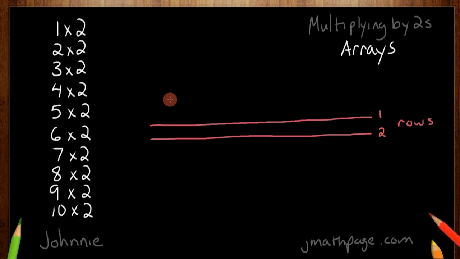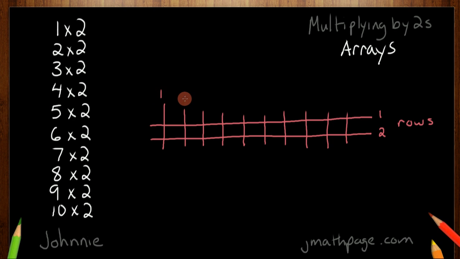Let's go ahead and make some columns, and we'll make them vertical. We should make how many? I think we should make 10. Let's do that. 1, 2, 3, 4, 5, 6, 7, 8, 9, and 10.